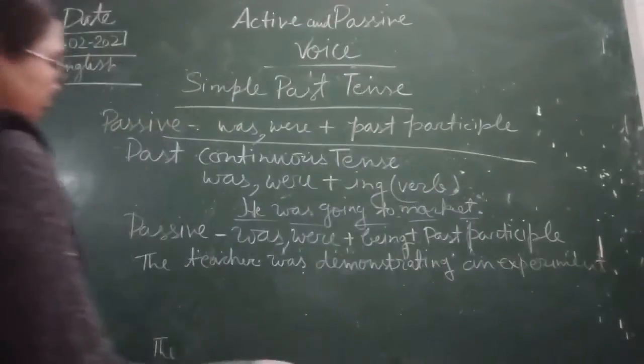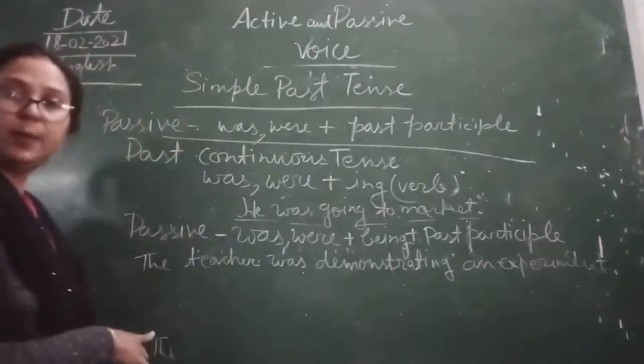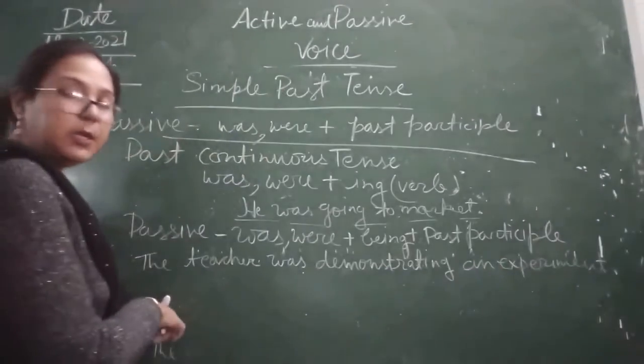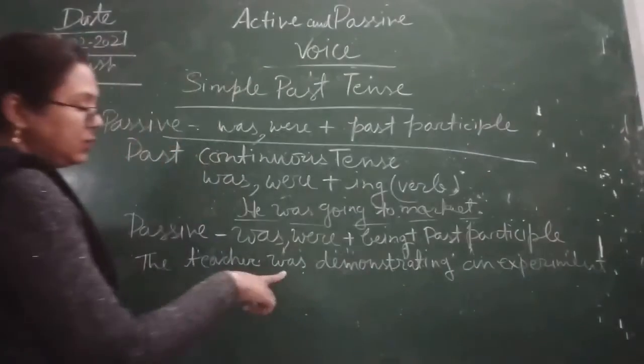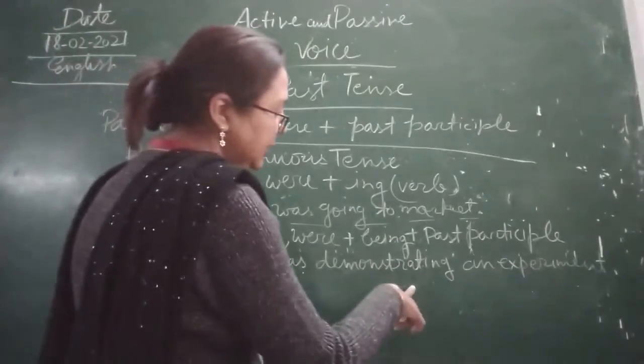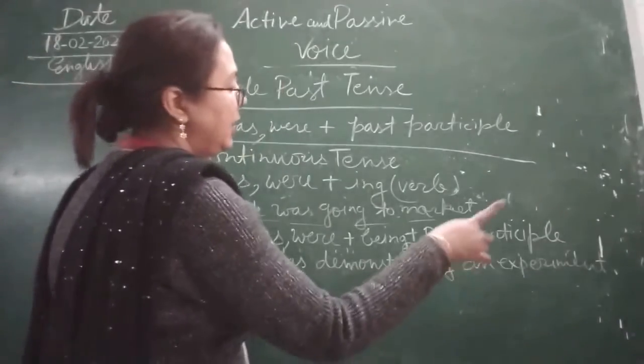Here you can see the teacher was demonstrating an experiment. It means the teacher is singular, and we are using was, and demonstrating because this is in the past continuous tense, and an experiment.